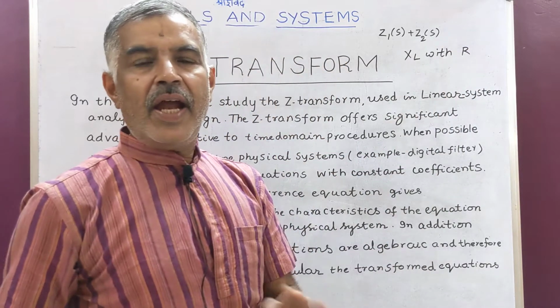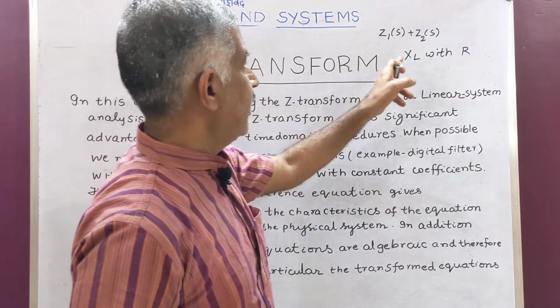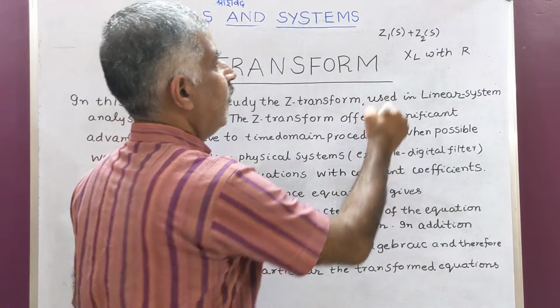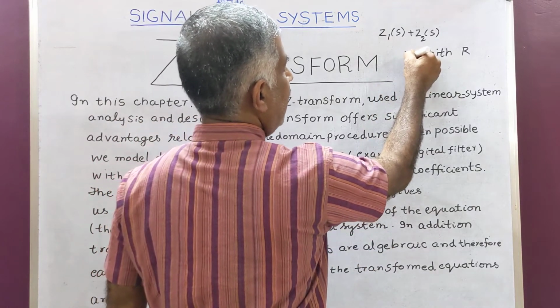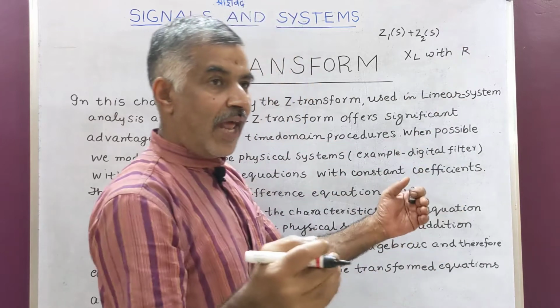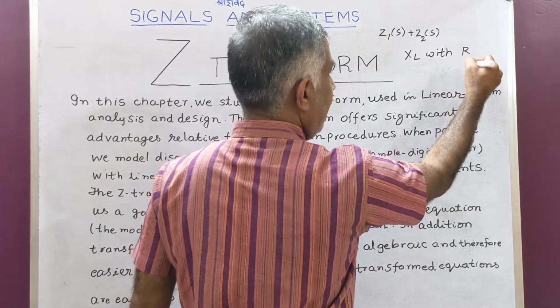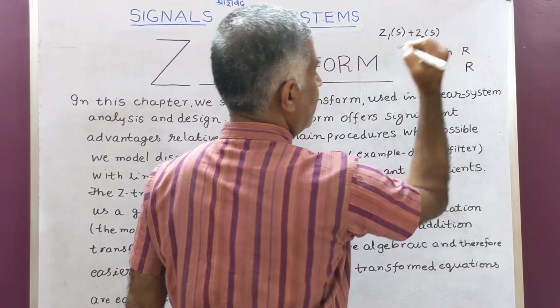You can't directly add resistance with inductive reactance. Whereas in S domain, if you take the Laplace transform for XL and the Laplace transform for R, then you can add. For example, what is the Laplace transform for R? Same. Laplace transform of a constant.